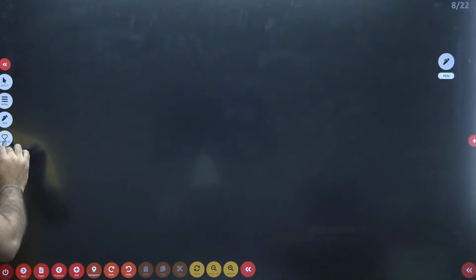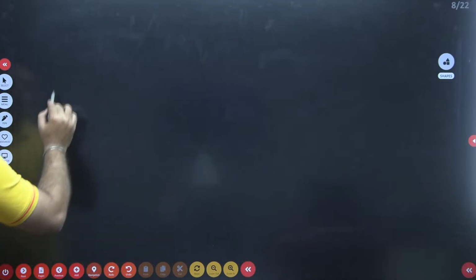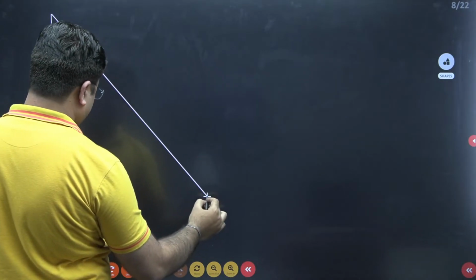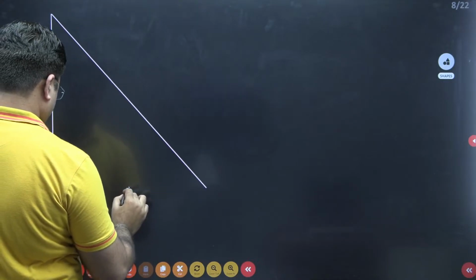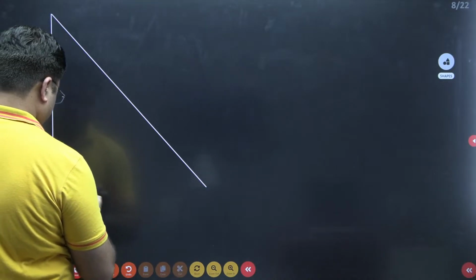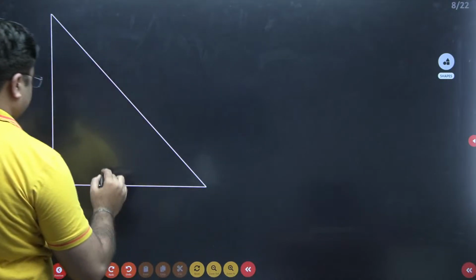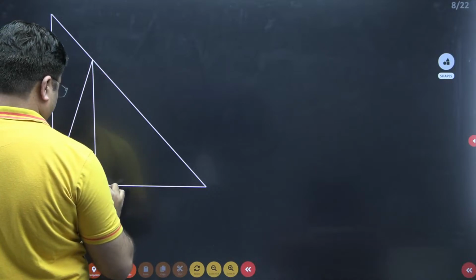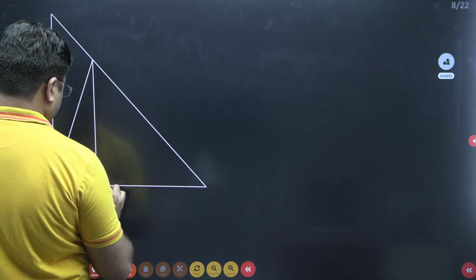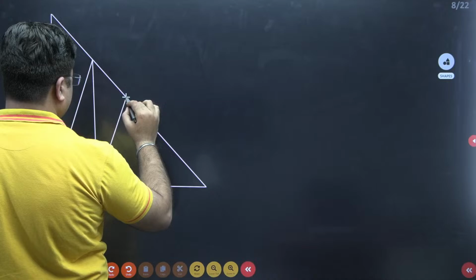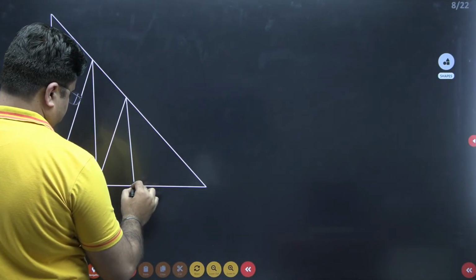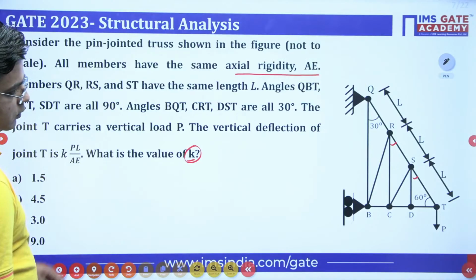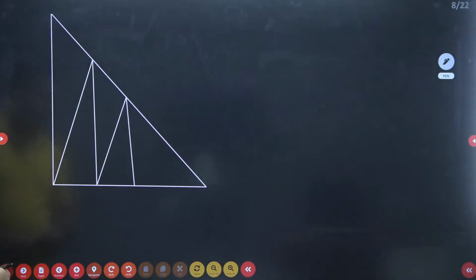Let me first draw the truss properly. This is my truss.